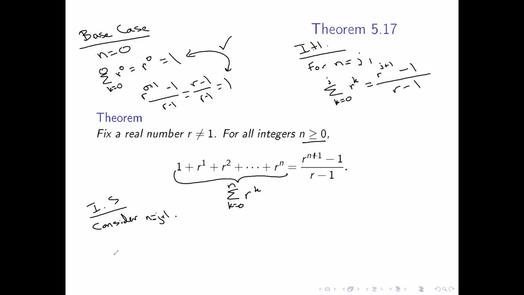Well, in that situation, now I have the summation from k equals 0 to j plus 1 of r to the k, which is obviously equal to r to the j plus 1 plus a summation of k equals 0 to j of r to the k. But this, by our induction hypothesis, is r to the j plus 1 plus r to the j plus 1 minus 1 over r minus 1.